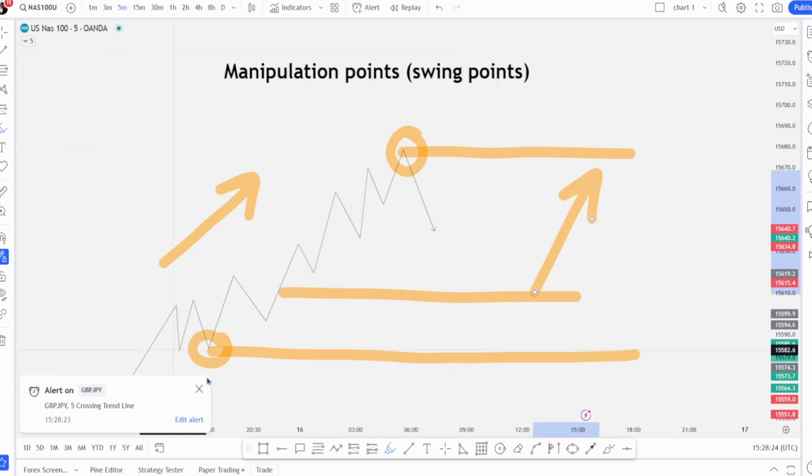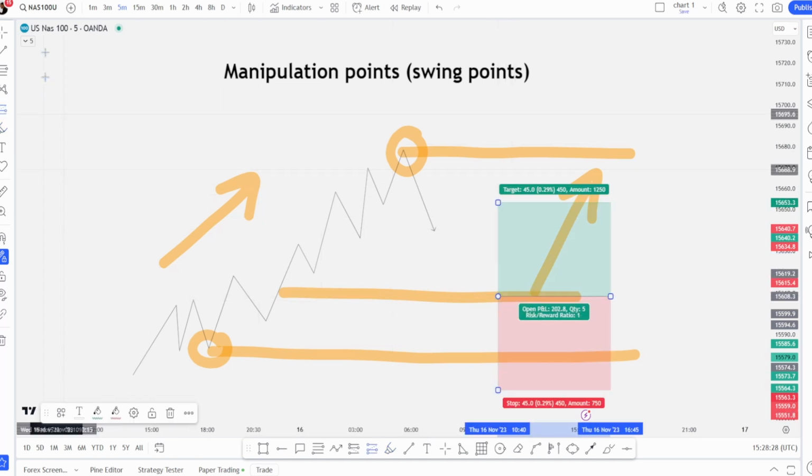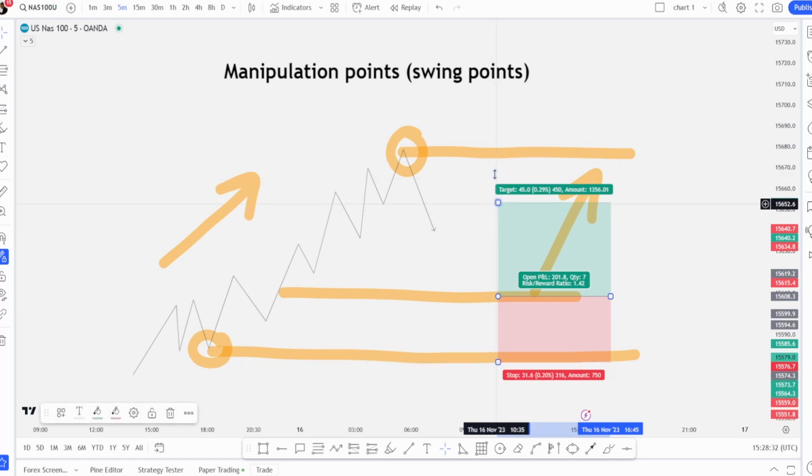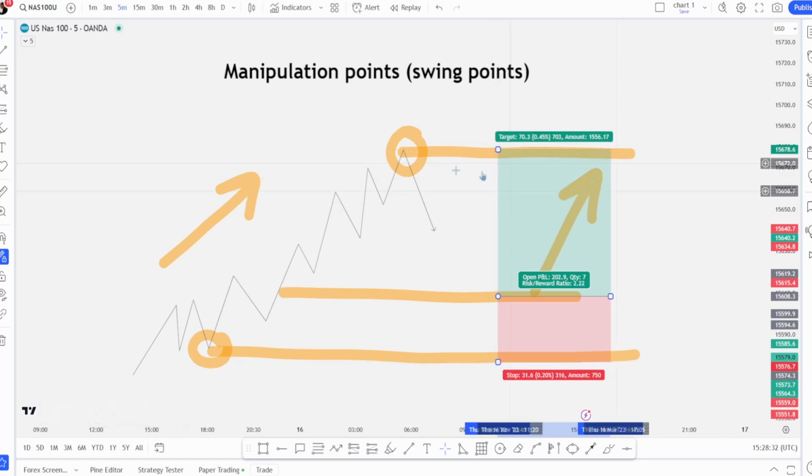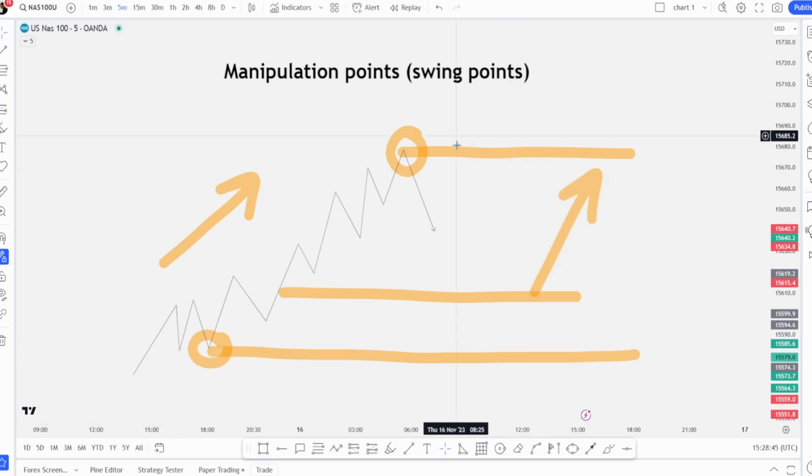It allows us to have a very concise understanding that longing from here is going to offer a better risk-reward ratio because we have a clear area to target and a clear area to put our invalidation. As I stated earlier, we've just introduced two new models that can be used within these 2 points, so your target and your invalidation area, and then obviously your entry area on top.